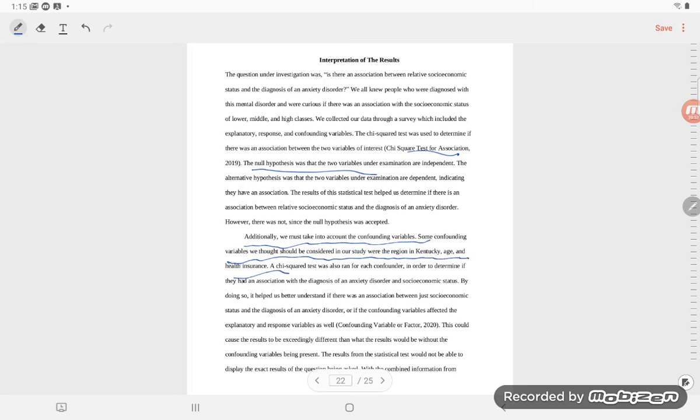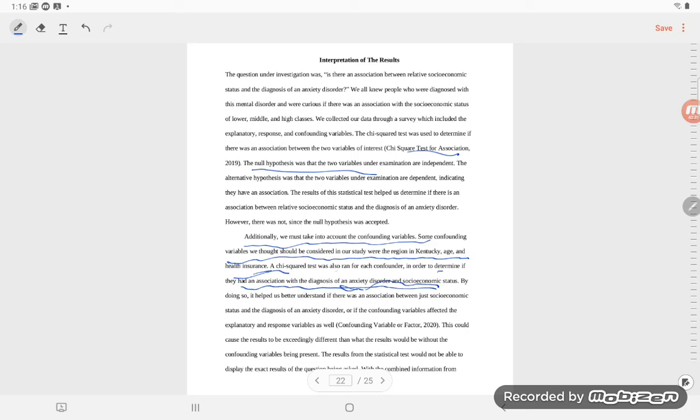Okay, and they just restate that with what they were, and chi-square tests for each. If they had an association with anxiety and socioeconomic status. So you see, they're mentioning that is important. So they kind of got it there, but they didn't quite pull it together with, again, the blocking idea. And that's a big deal, okay?